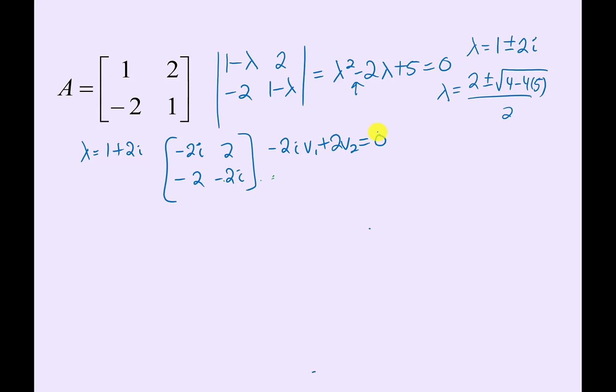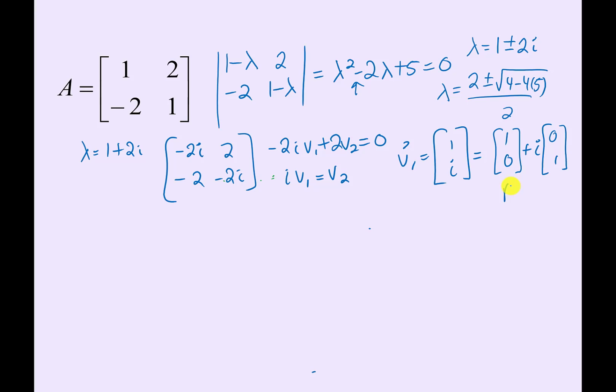Let's divide by 2 and move 1 over. So I have i v1 equals v2. So for the eigenvector, we're going to choose i for v2, and that means v1 would be 1. If I broke this down then into the real and imaginary, here is the real part, 1, 0, and then put the i, and the imaginary part is 0, 1. So this is like my P, and this is my Q.